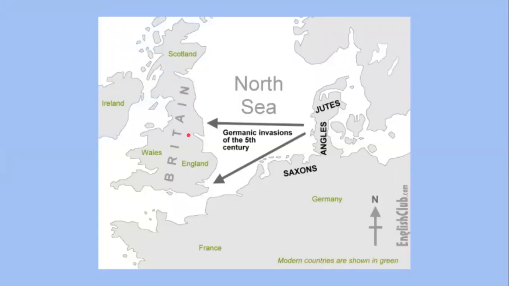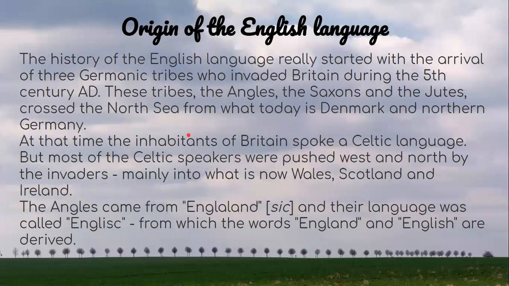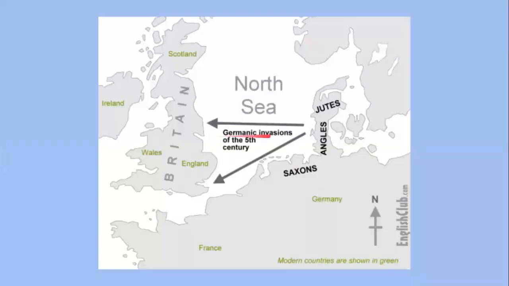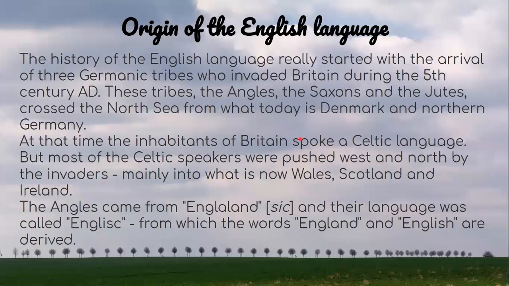So one day, in the 5th century, tribes coming from the northern part of Germany and Denmark, called the Jutes, the Angles, and the Saxons, came to invade the island. In the island, they faced some resistance, but the Celtic were more focused on religion, druids, magic, as many people say.